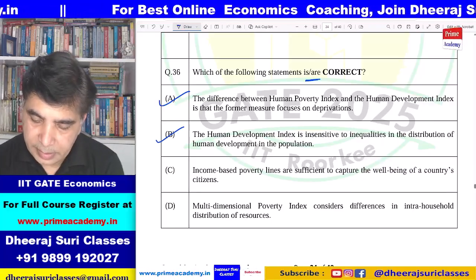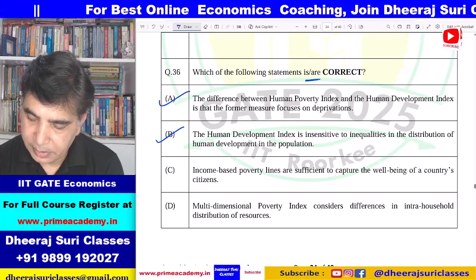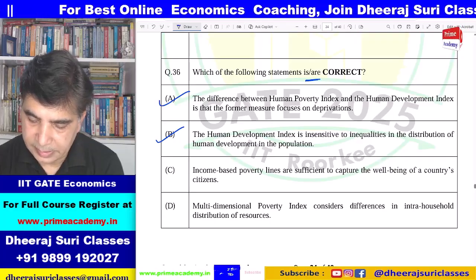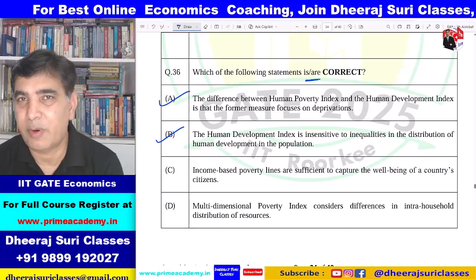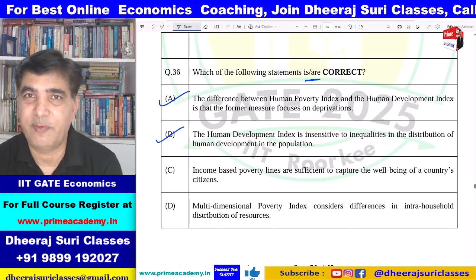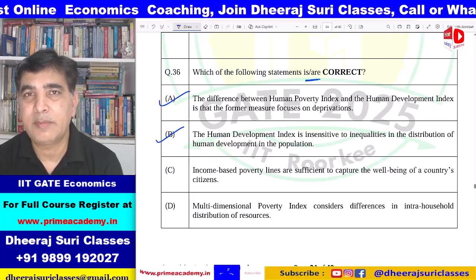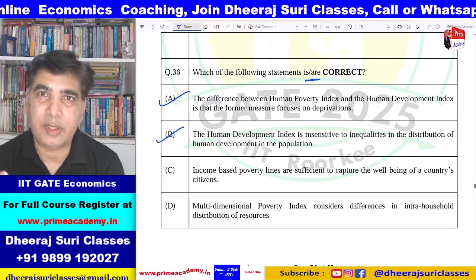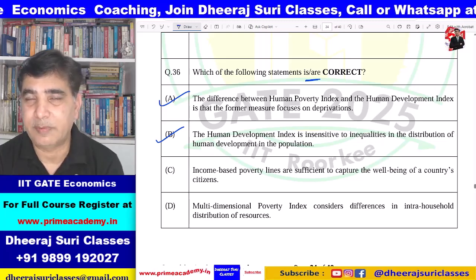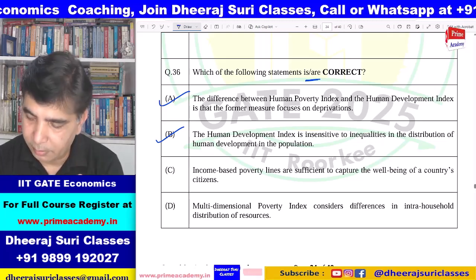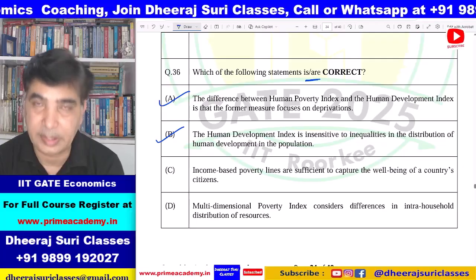C: Income based poverty lines are sufficient to capture the well-being of a country's citizens. No, income based poverty lines are not sufficient. As we can say, poverty is in terms of capability deprivation, so only income is not the criterion. There are many more things which have to be considered when you are trying to find out the well-being of a country's citizens.